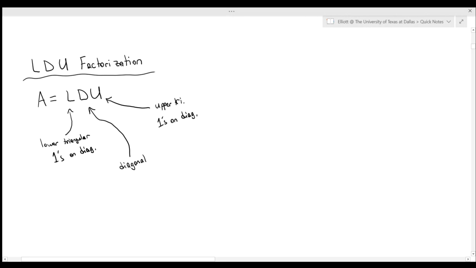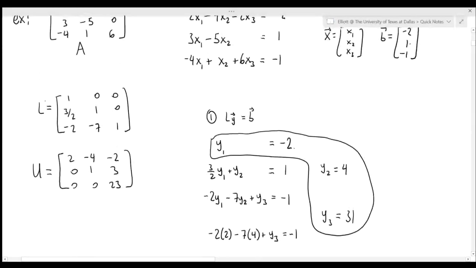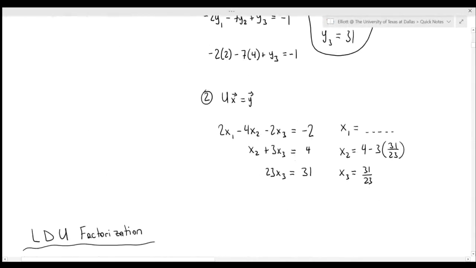And so to get the LDU factorization of a matrix, it's actually really easy. I'm just going to illustrate by, again, using the matrix A that we had in the previous example.